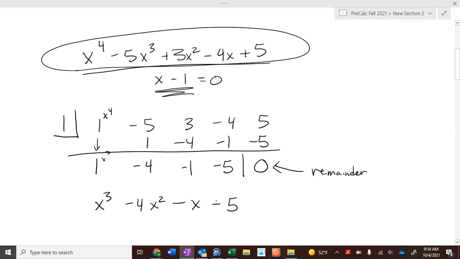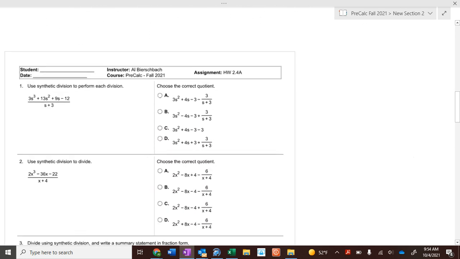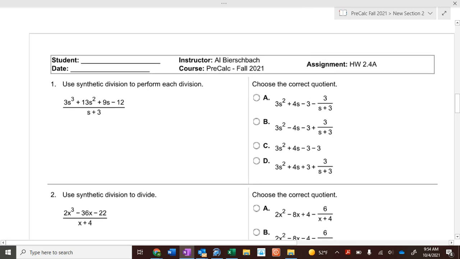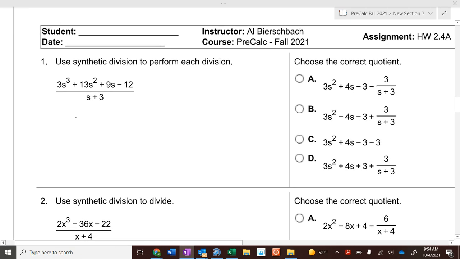Okay. So we're going to just take a couple examples here. I'll zoom in a little bit. Synthetic division really quick. So what goes in the box? Negative 3, and we go 3, 13, 9, negative 12.